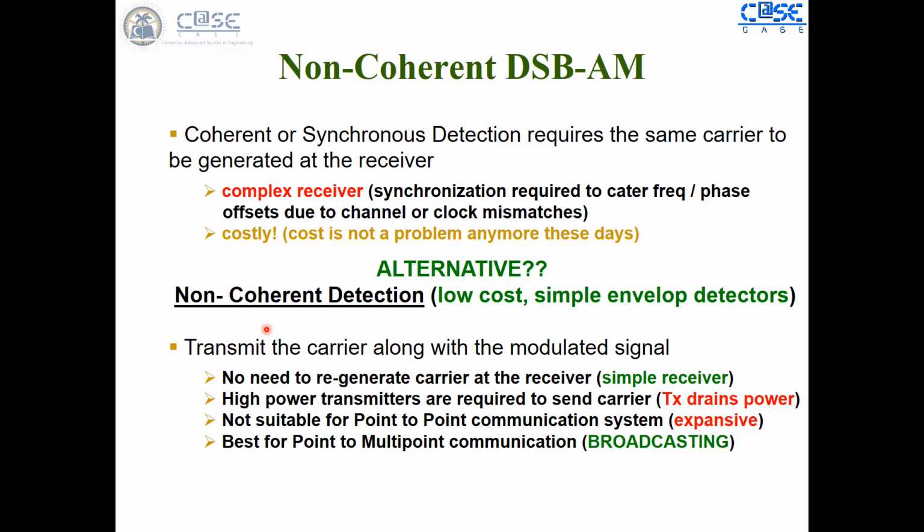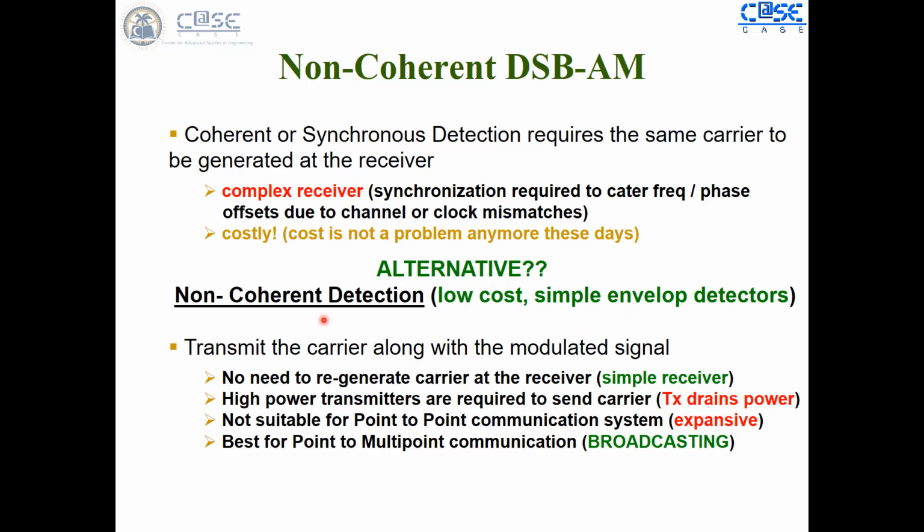The main feature of non-coherent detection is that it is low cost in nature. It only requires simple envelope detectors that work on the principle of charging and discharging of a capacitor depending upon the input. We will talk about it later in this lecture. But the point is that the solution is very cost effective.